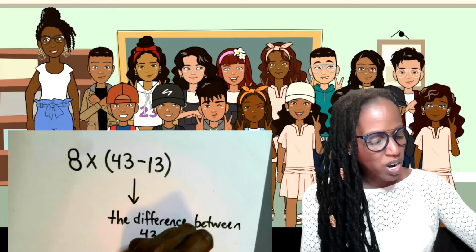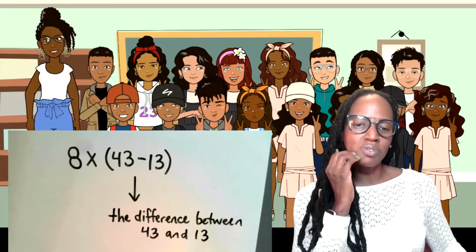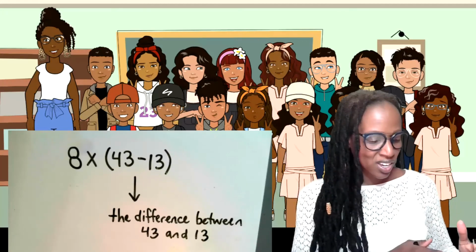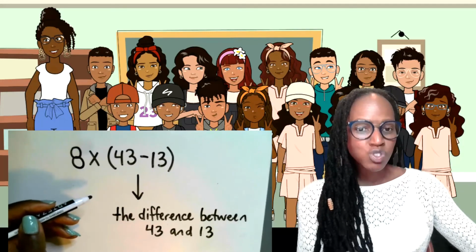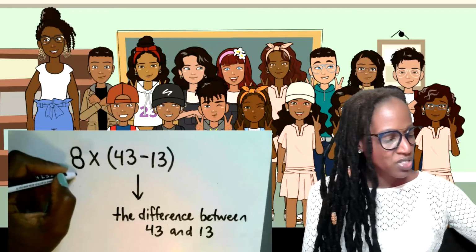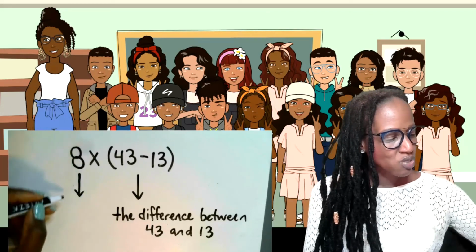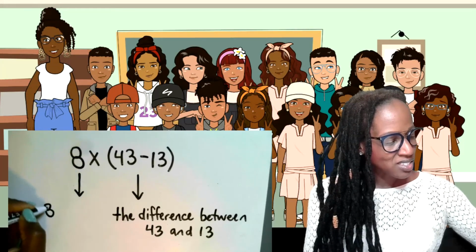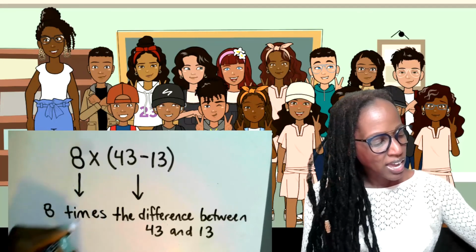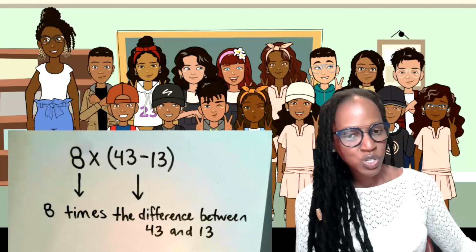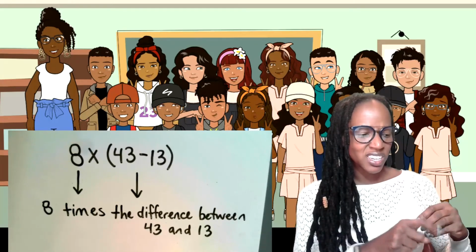So now, what am I doing with the difference between 43 and 13? I think I'm multiplying it. So what I could write for this part is I'm just going to write 8 times the difference between 43 and 13.